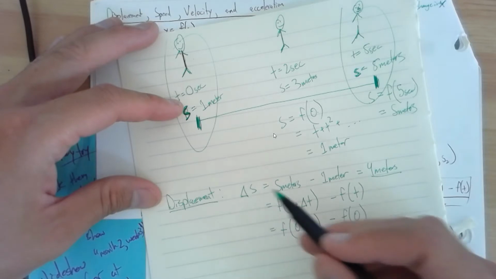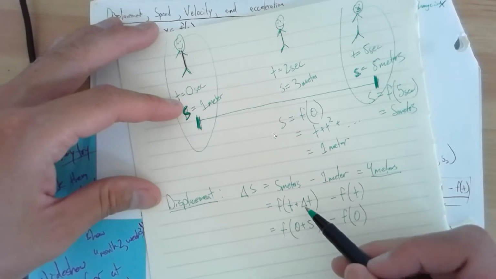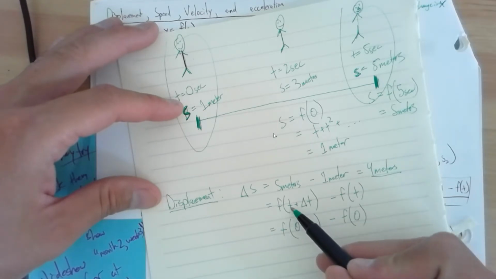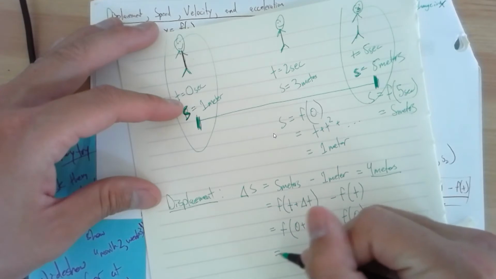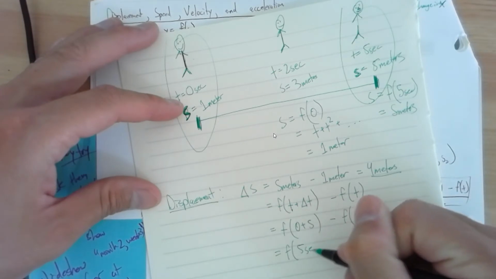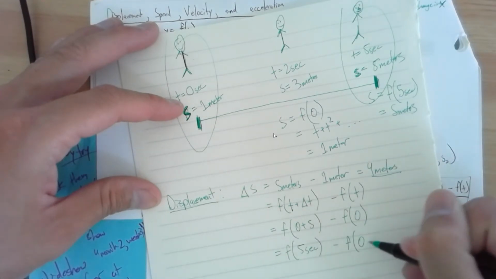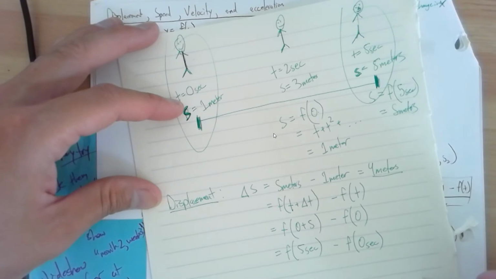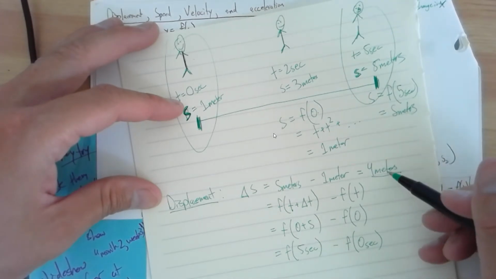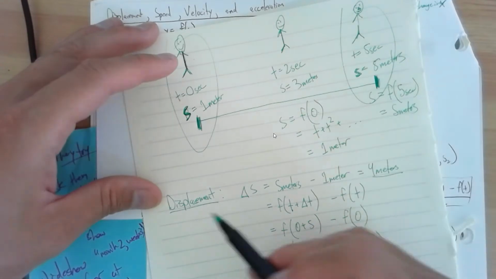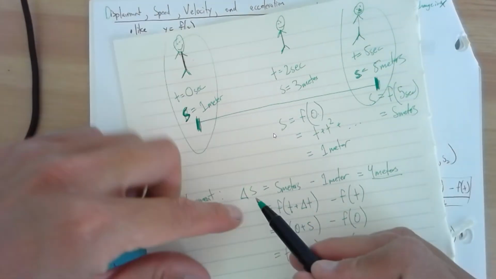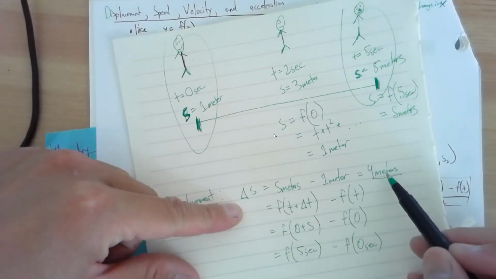But how you'd write the notation would be the function of t plus the delta t. So it'd be the function of 5 seconds minus the function of 0 seconds. But again, we don't actually do anything with the time. We don't divide meters by time. This is purely just a change in your position, okay, by 4 meters, right?